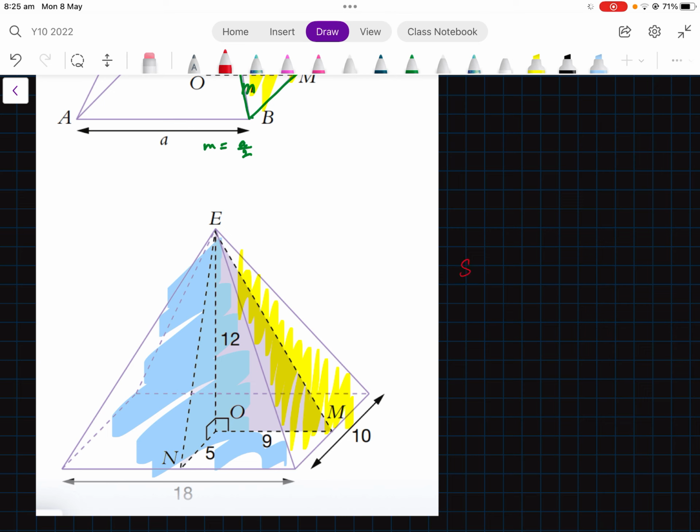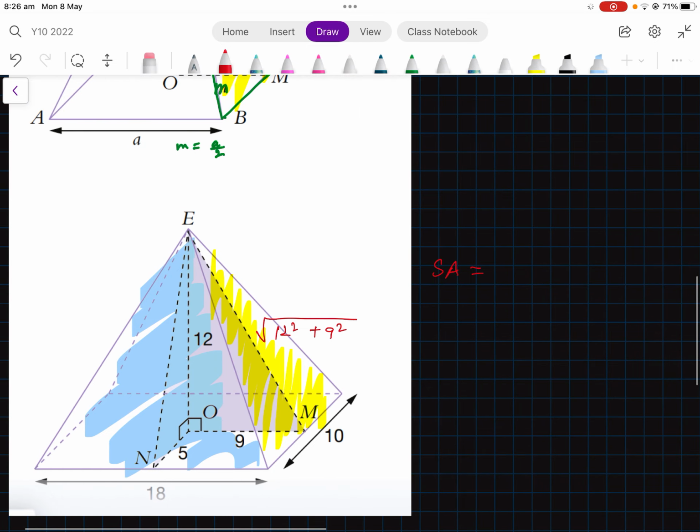So the height EM can be calculated as square root of 12 square plus 9 square. That's the hypotenuse, and we will take that as L1.